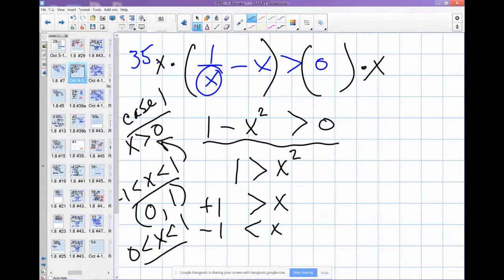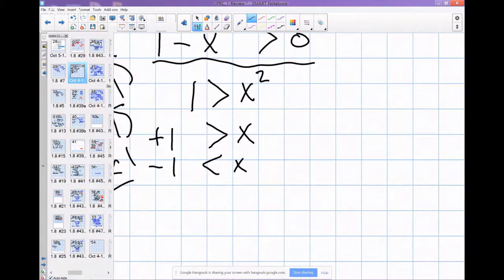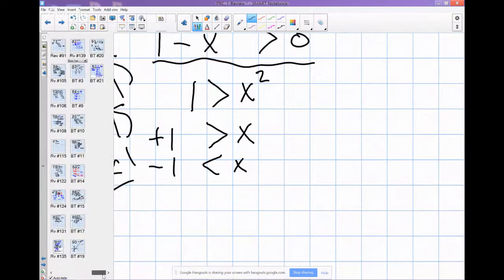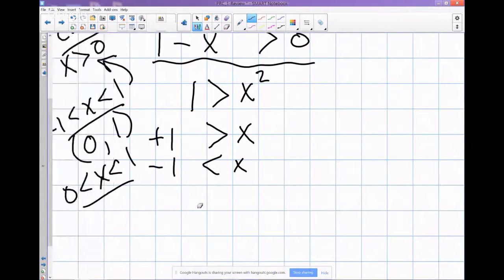We still haven't touched case 2. So let's see if I have enough room here. Probably not, but we'll try. Whoa, what happened? Okay, we seem to be somehow lost in Neverland here with this. So case 2. Wow.